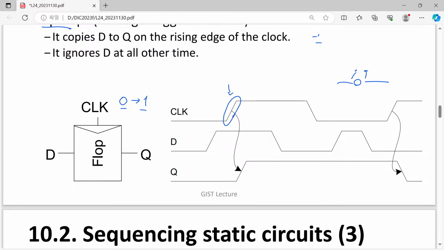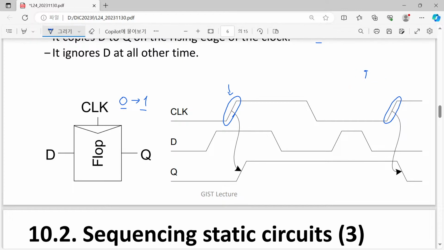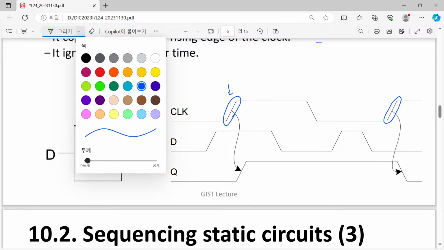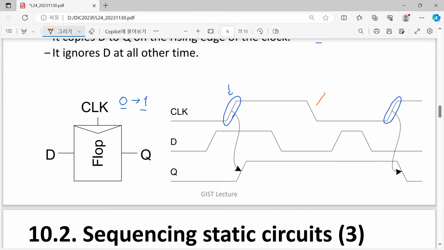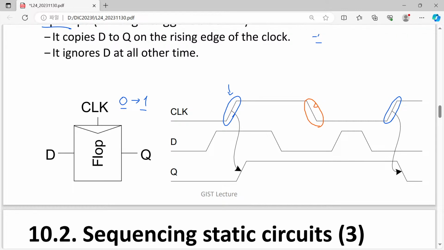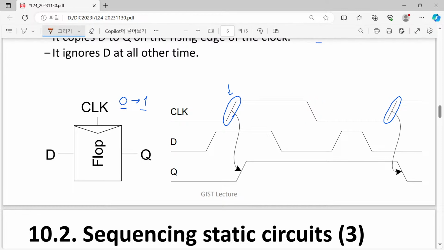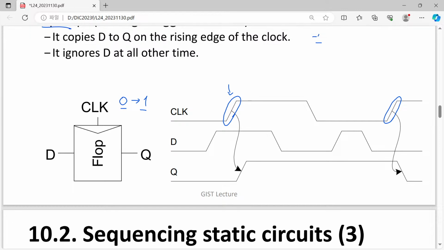So in this clock signal, where can you also find a rising edge? You can find this rising edge too. Then here you have the opposite one, the falling edge. In this case, this is not regarded as a valid signal for sensing our D signal, the data signal.